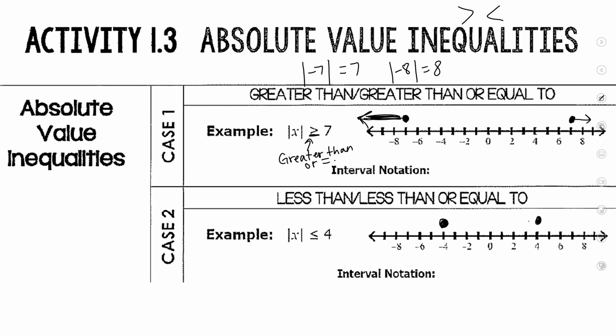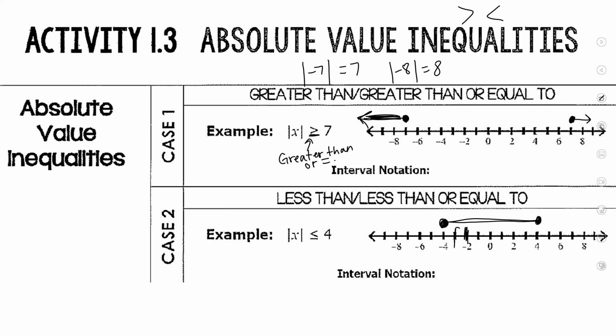All the numbers between -4 and 4 are less than 4 spaces away from 0. That's what we're looking for. Does that make sense? Okay. So for example, -2, that's only 2 spaces away from 0. -3, that's only 3 spaces away from 0, okay? So we want up to 4 spaces away from 0.